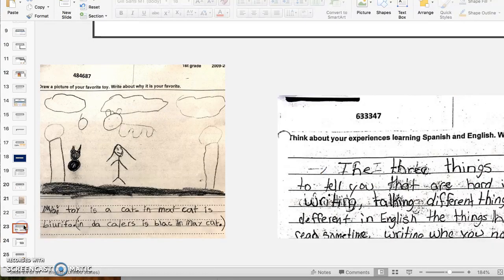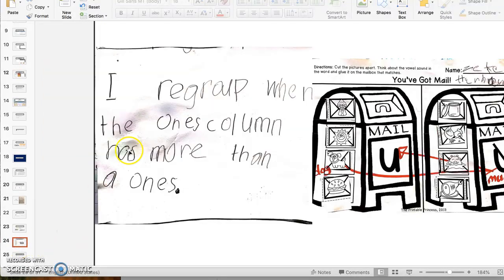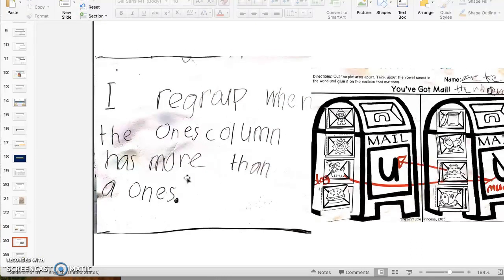If you compare it to this first grade writing sample, "my toy is a cat, and my cat is beautiful, and the colors of my cat is black in my cat," that is very different from "I regroup when the ones column has more than a ones." So we are expecting a very, very high level of discourse that is normed with standard American English.